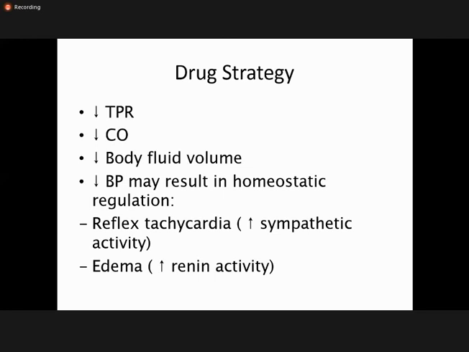That is called reflex tachycardia due to increased sympathetic activity. And I already told you when the sympathetic nervous system is activated, it stimulates alpha 1 receptors and, more specifically, beta 1 receptors, and that will lead to increased blood pressure. Due to stimulation of alpha 1 receptors, which are predominantly present in the vessels.